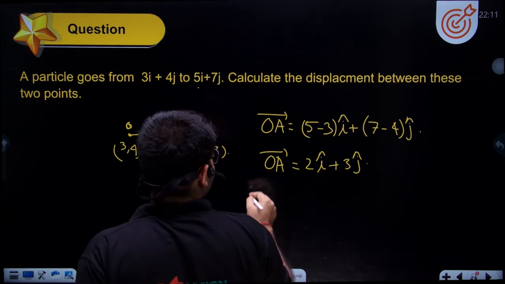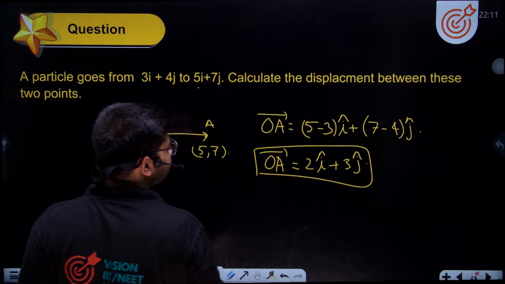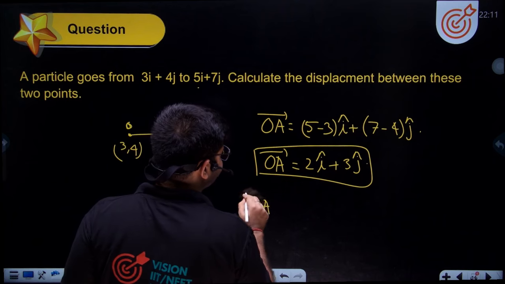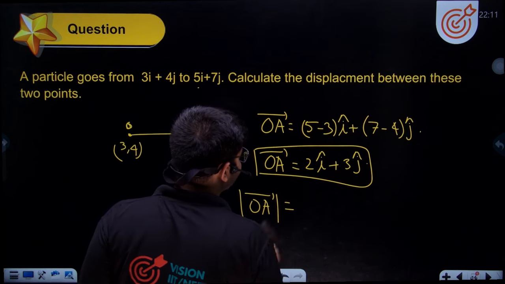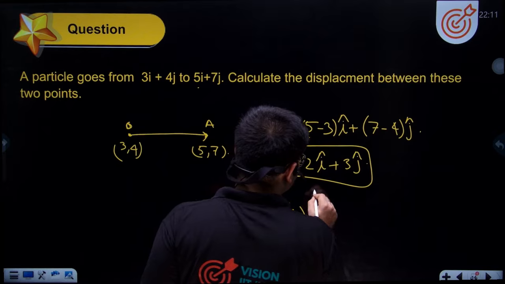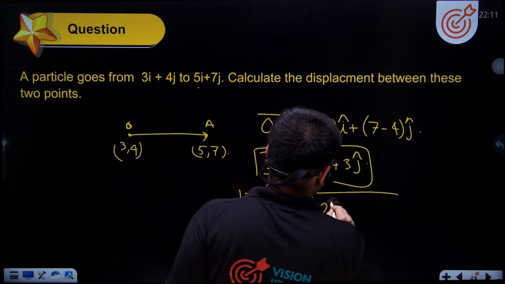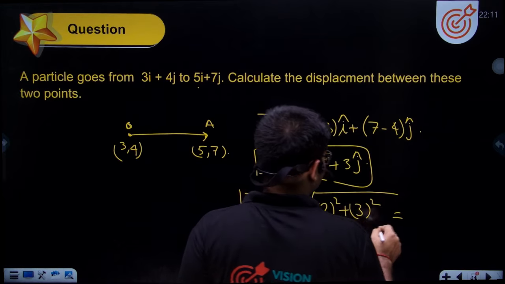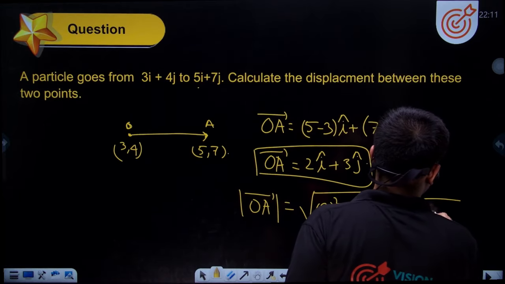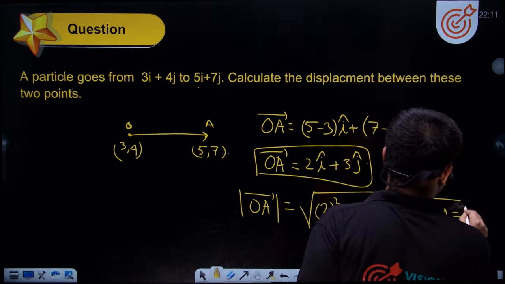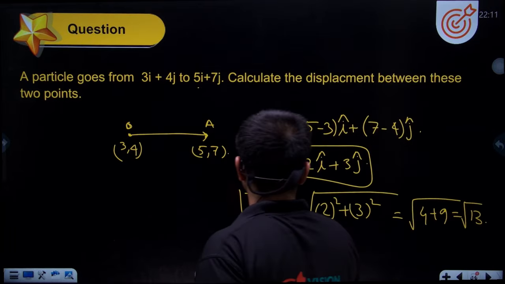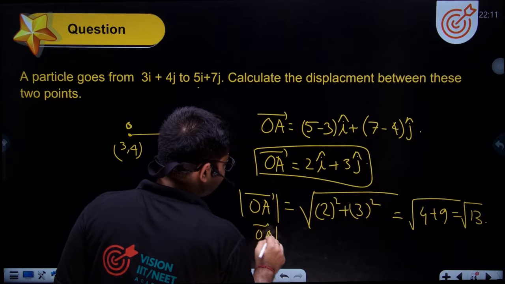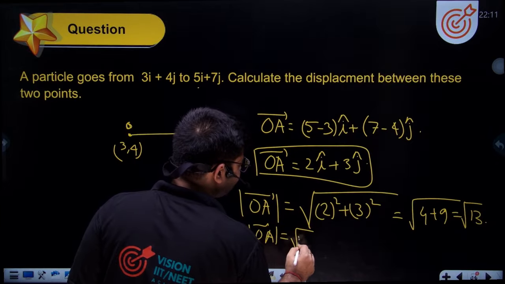So this is in vector notation your displacement vector. And if you are asked about the magnitude, it is going to be root over 2 square plus 3 square, 4 plus 9, so that is root 13. So the magnitude of OA is root 13.